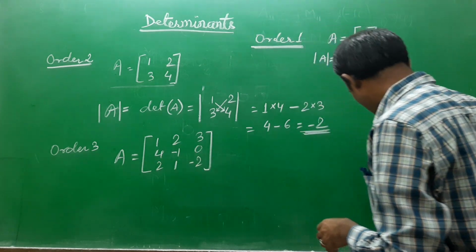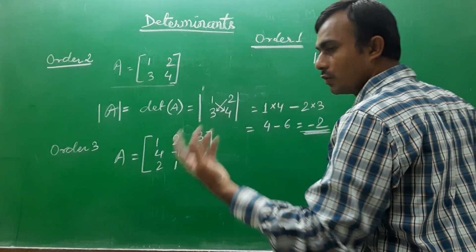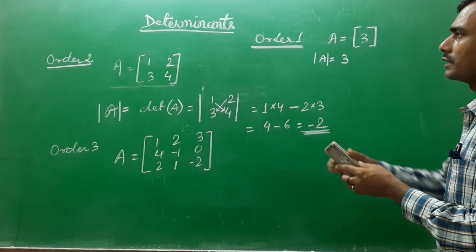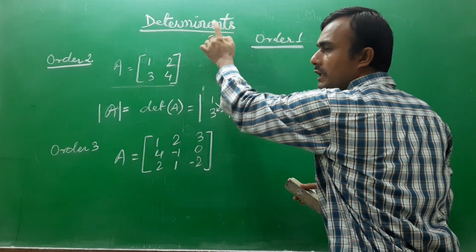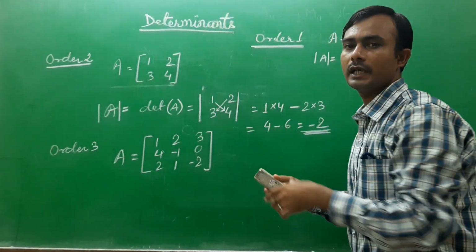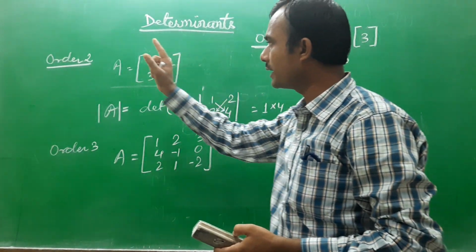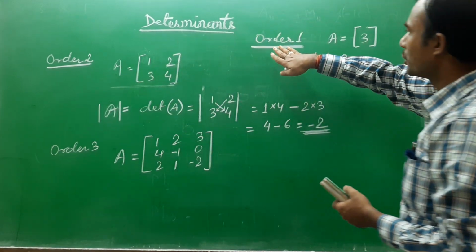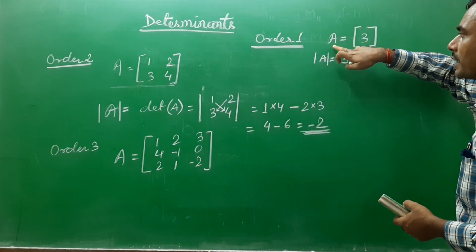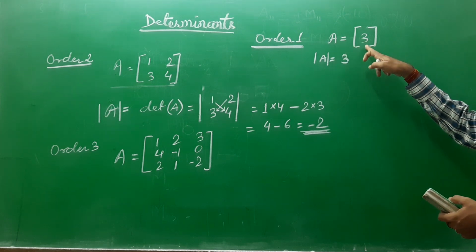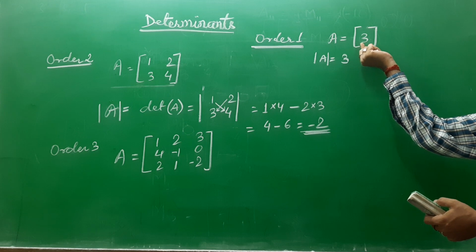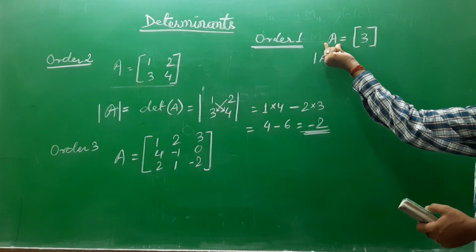Now let's continue with minors and cofactors. How will we find them? Look again: what is a determinant? It is a number associated with the matrix. In order 1, A has only one element, so this number itself is associated with the matrix.